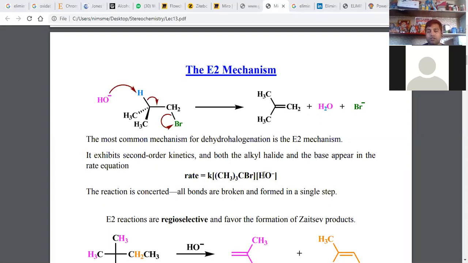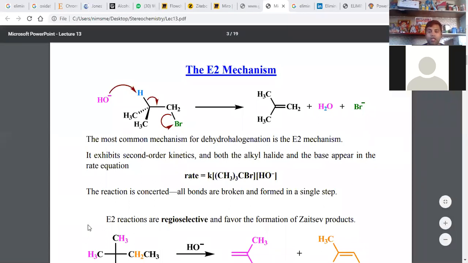So it is a second order reaction. The reaction is concerted, meaning all bonds are broken and formed in a single step. The E2 mechanism follows a single step reaction.